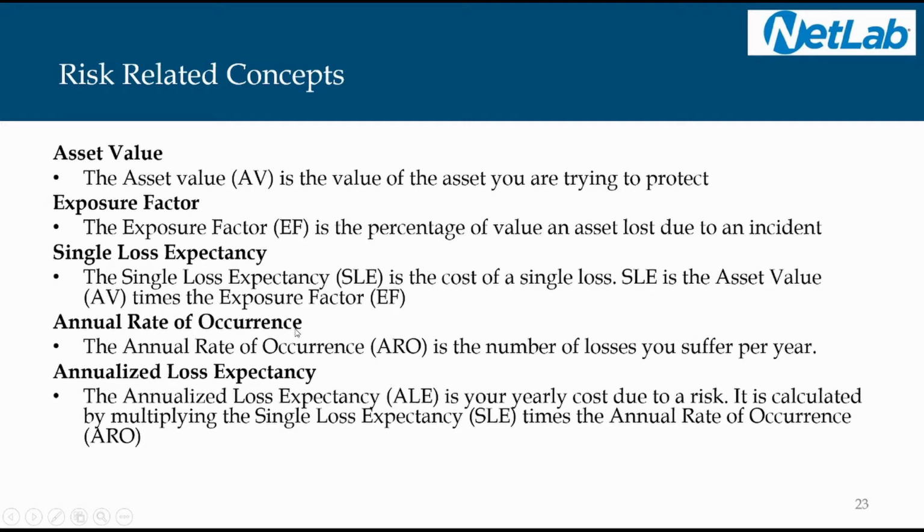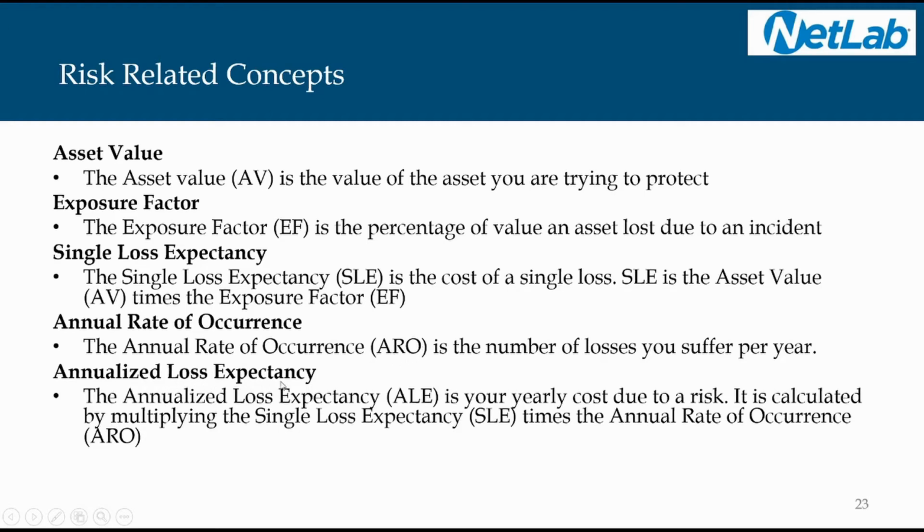We have to take an average in the ARO. The annual rate of occurrence is the number of losses you suffer per year. Suppose you lost the laptop once per month. That means the ARO will be 12, that means 12 months. Suppose once in 2 months you lose a laptop, the ARO will be 6.